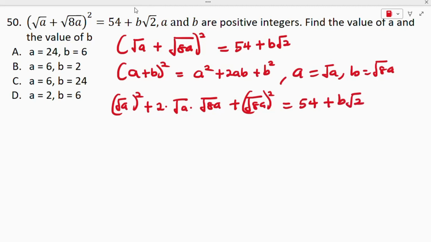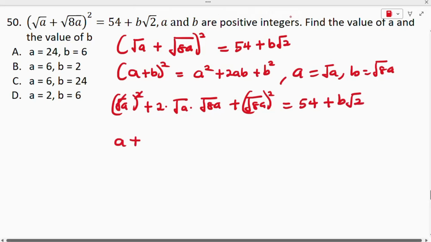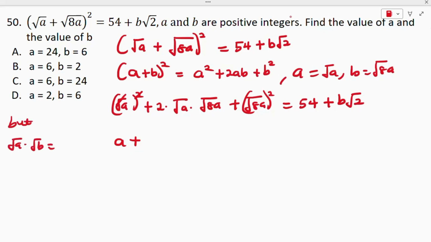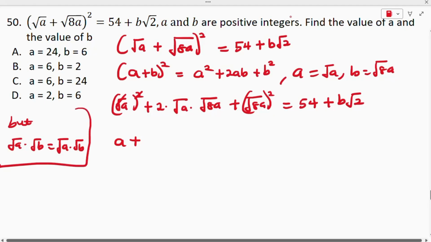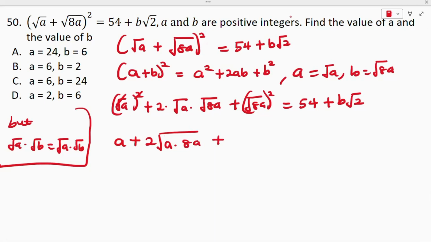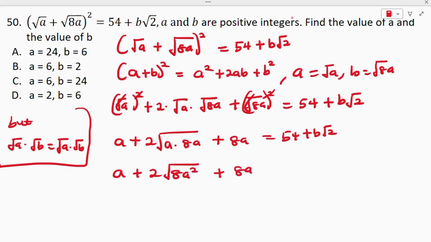So the square and root cancel out, and we have a plus, but note that the root of a multiplied by the root of b equals the root of a times b. Take note of this. So we have 2 into the square root of a multiplied by 8a, plus 8a, equals 54 plus b root 2.